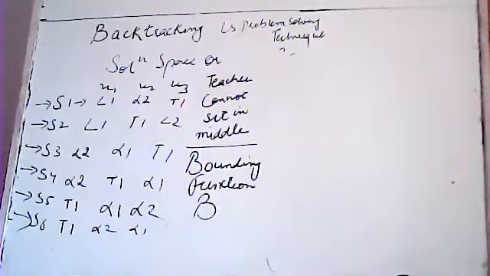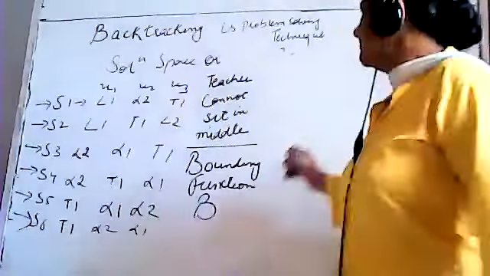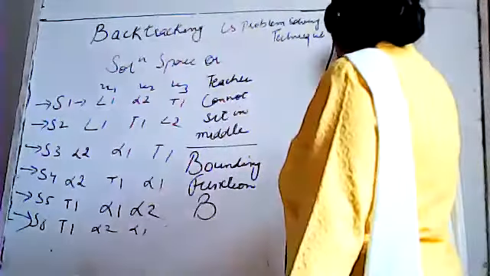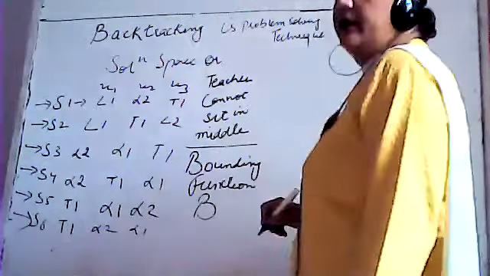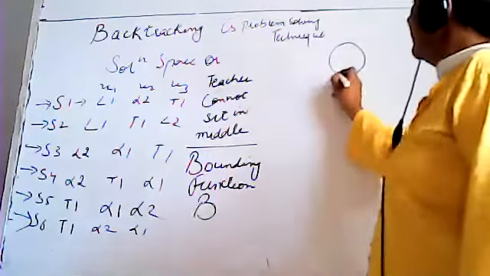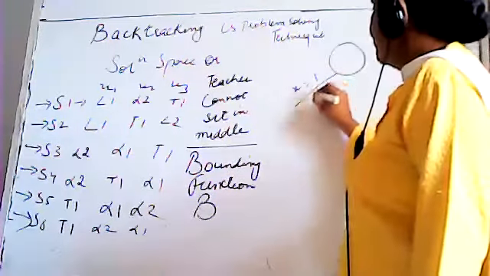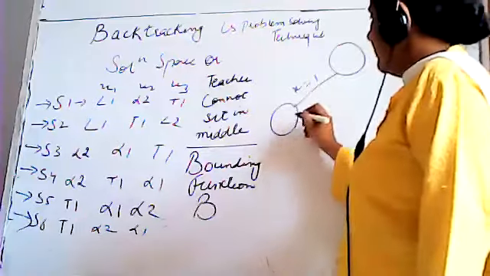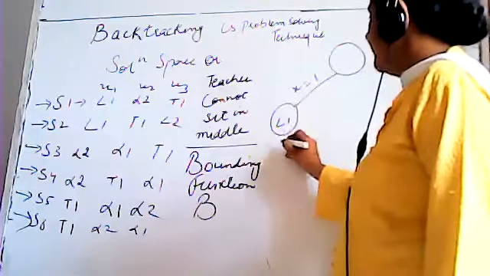Now, considering this bounding function, we will make the tree. Let's see which solutions are possible and which are not. This is my root node. Chair x is equal to 1, I put L1.